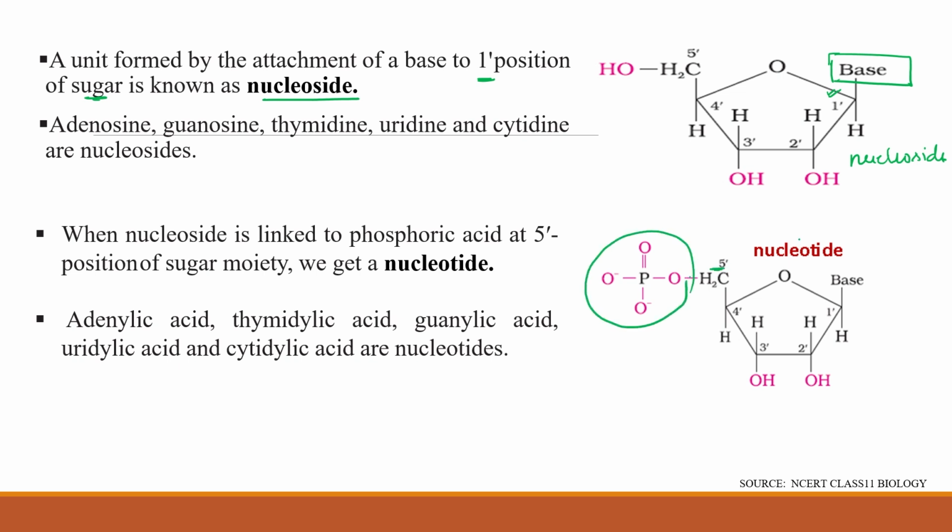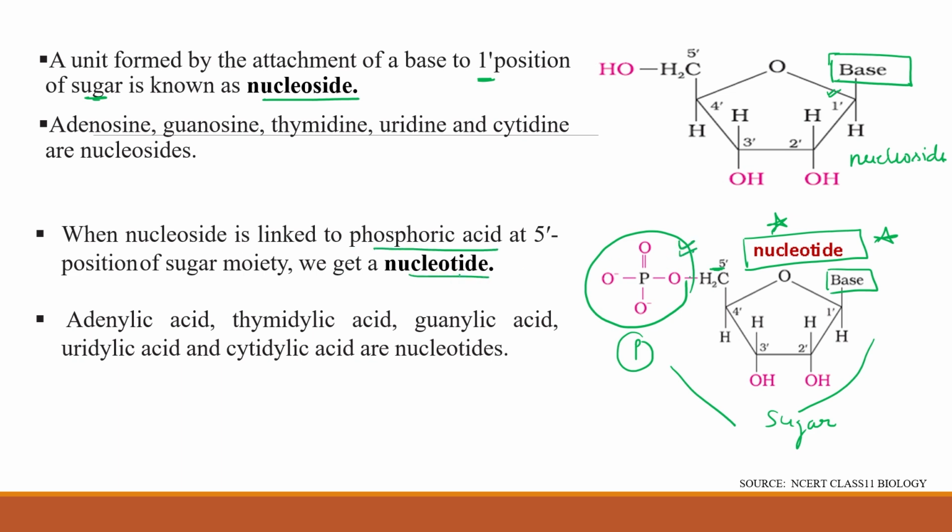And if one phosphate group also comes and attaches over here on the fifth carbon, then base plus sugar plus phosphate group, all these three combine together and form a nucleotide. Just now I have told you nucleotide. Clear? So when a nucleoside is linked with phosphoric acid at this 5 prime end, then we use the term nucleotide for the same.